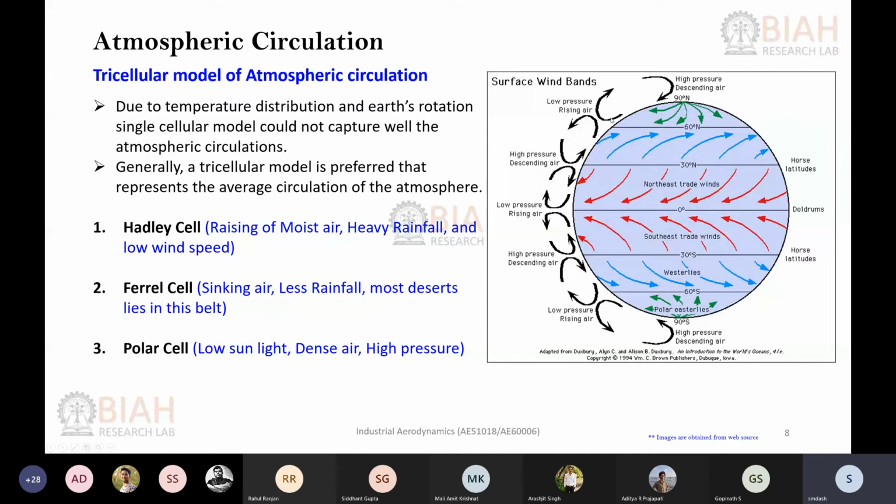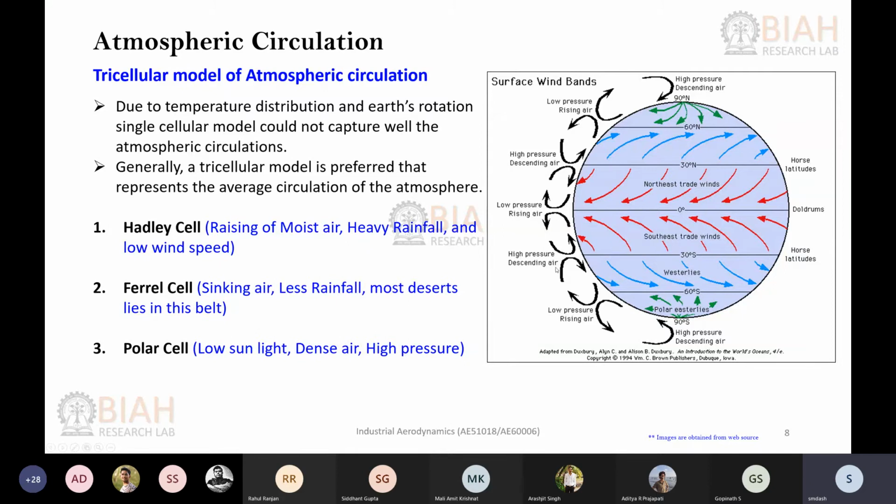When the air is moving down, some of the air coming from this particular Hadley cell also interacts here and they form a polar cell in this region. So between the Hadley cell and the polar cell, another cell is formed, which is the Ferrel cell.